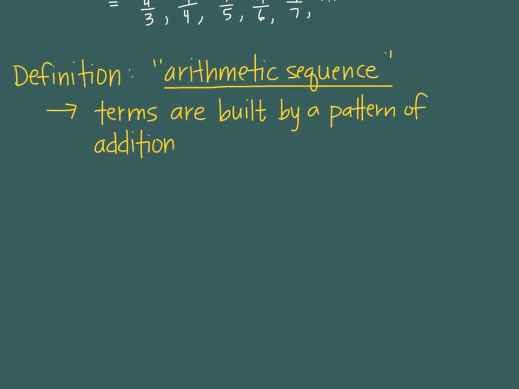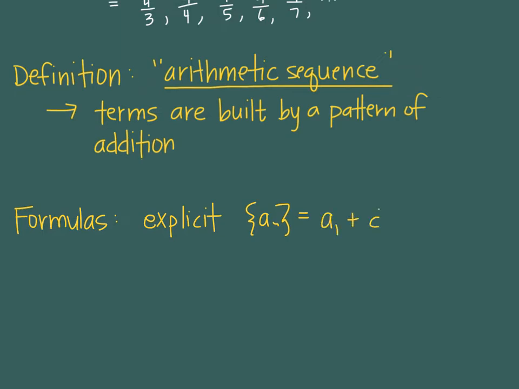Now there are arithmetic formulas. And there are two kinds of arithmetic formulas. The first kind is what we call an explicit formula. That is where the sequence a sub n is generated by the following: a sub 1 plus d times n minus 1.